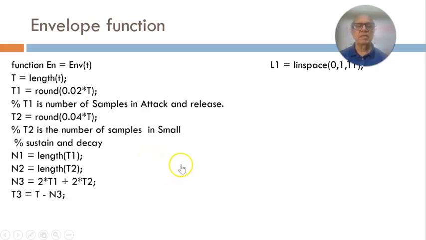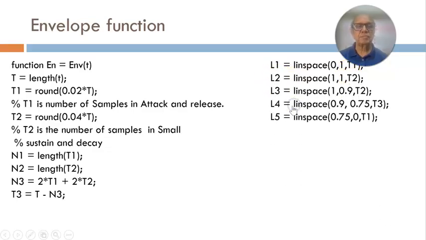Okay. Then now you start generating your envelope. So linspace 0 to 1 T1, remember this is the attack phase. Then you have small sustain, so from 1 to 1 the number of samples is T2. L3, that is decay, so from 1 it decays to 0.9. Again, this 0.9 is a value we have used, but you can play with this. Someone may use 0.8, 0.7 and so on.